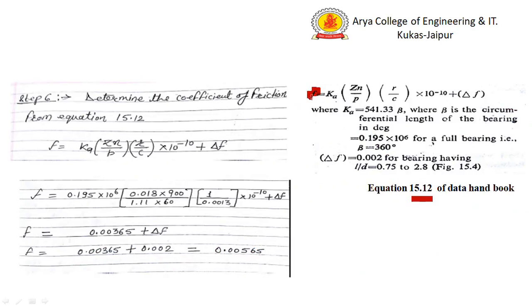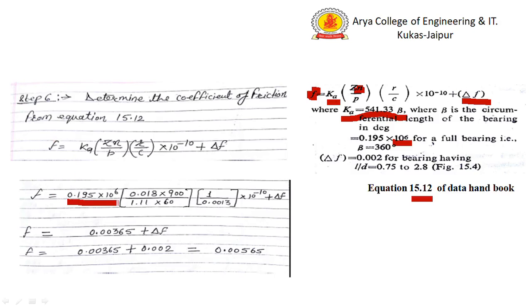Coefficient of friction is Ka Zn by P, R by C, multiplied by 10 raised to minus 10, plus delta F. Ka, where beta is the contact angle, and for a full journal bearing the value of Ka is 0.195 multiplied by 10 raised to 6. Small n is the RPS, revolutions per second. So these are the values.